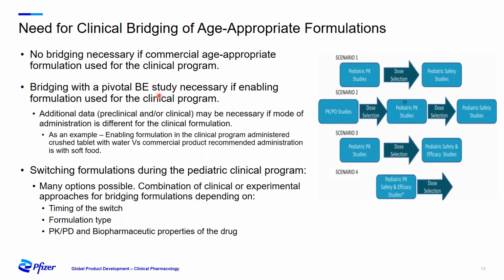But if you have the enabling formulation and you do a pivotal bioequivalence trial, you still have to make sure that you don't need additional data if your mode of administration is different between the clinical formulation and the final commercial product. So that's another consideration you have to account for when you are designing the bridging strategy for the eventual commercial formulation.